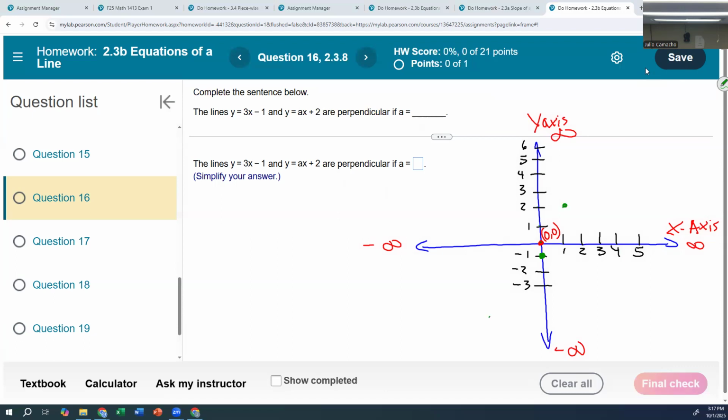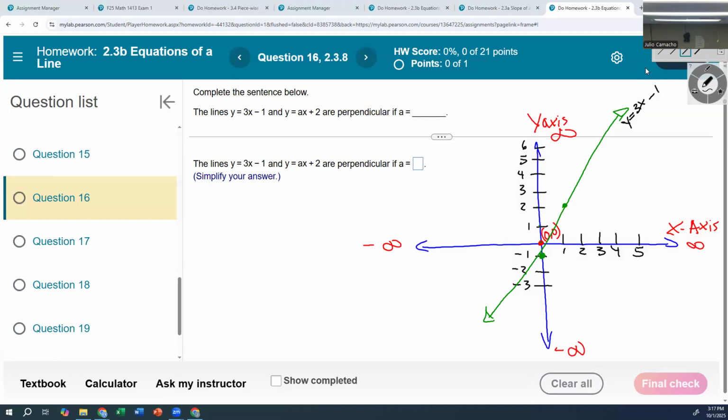So this line is going in this direction. And that is the equation of this line, y is equal to 3x minus 1.